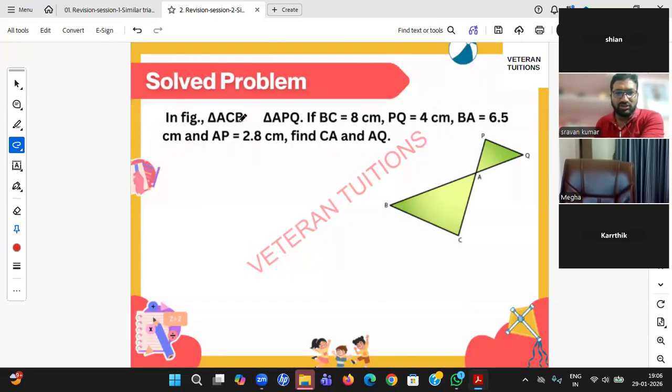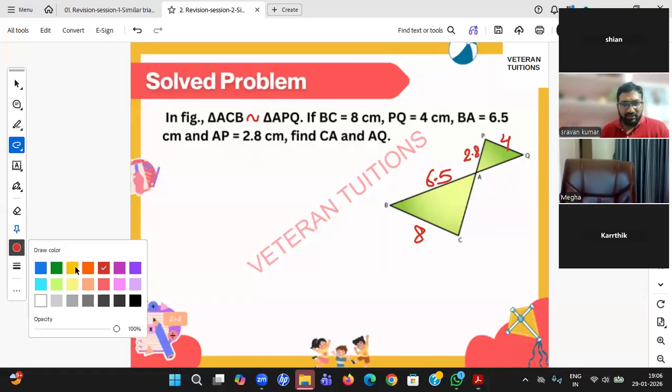Do this question, student. In the figure, triangles ACB and APQ are similar. The word similar is already given, whatever the criterion may be: SSS, SAS, AA. What is given? BC is 8, PQ is 4, AB is 6.5, AP is 2.8.